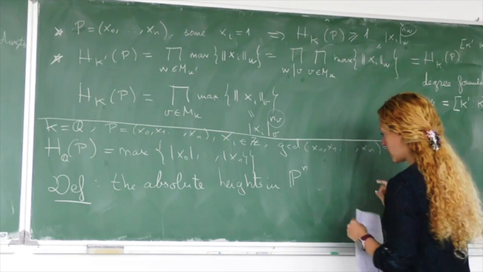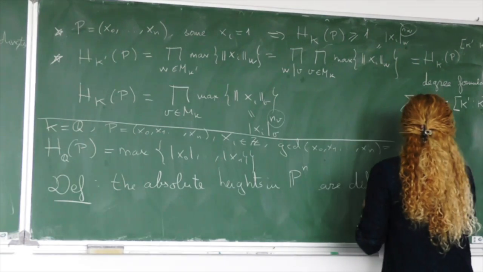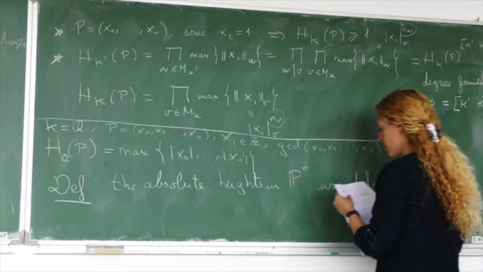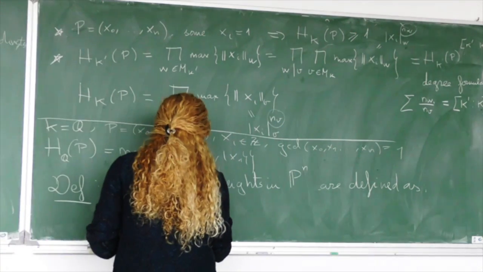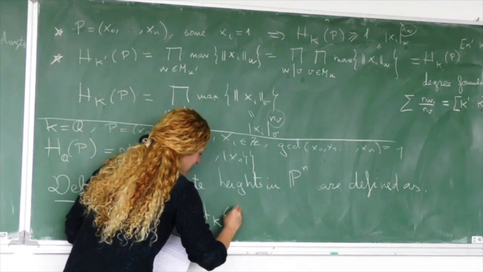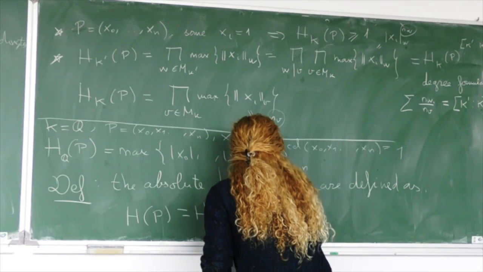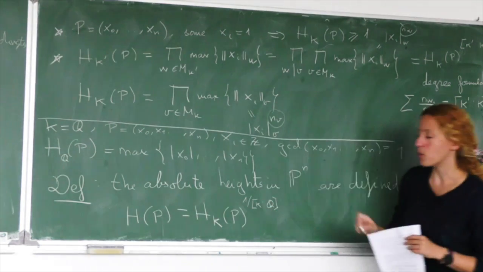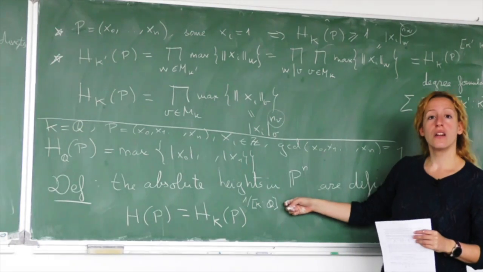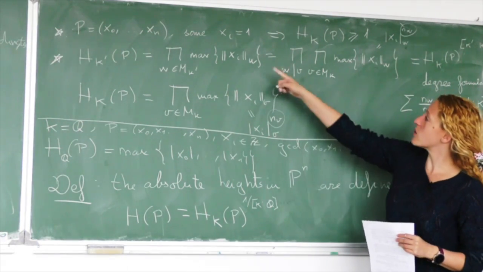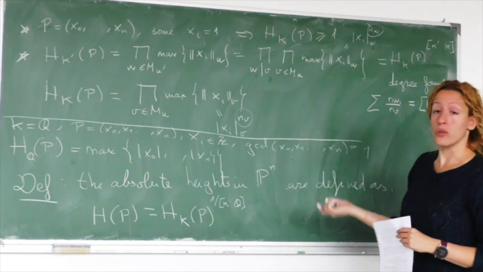The absolute heights in P^n are defined as H(P) equal to H_k(P) to the 1 divided by the degree of k over Q. So this thing, now with this factor, is independent of the field k that you consider. And this is because of the last property that we proved in the previous lemma. So this is going to be the multiplicative height.